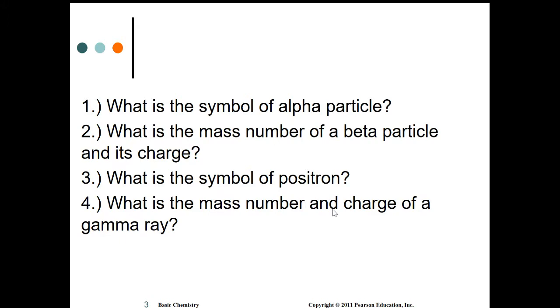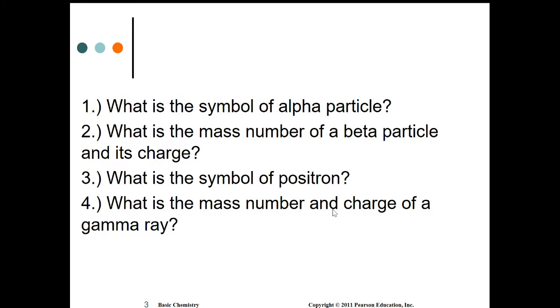The symbol of alpha particle, you could use the symbol alpha or you can use He. If you're looking for the nuclear symbol, that would be He, and the top would be 4 and the bottom number would be 2. What's the mass number of beta particle and its charge? The mass number is 0 and the charge of a beta particle is -1.